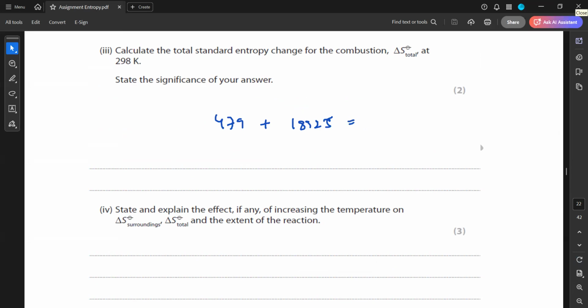When you sum them and use the decimals as well, at least 1 or 2 decimal places, you will get about 19404, and the unit will be joule, mole inverse, Kelvin inverse.